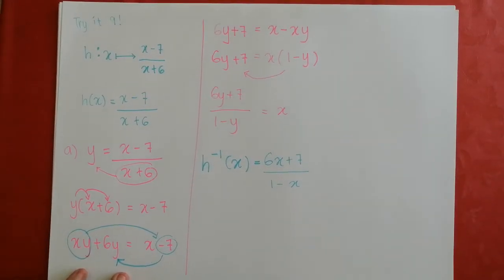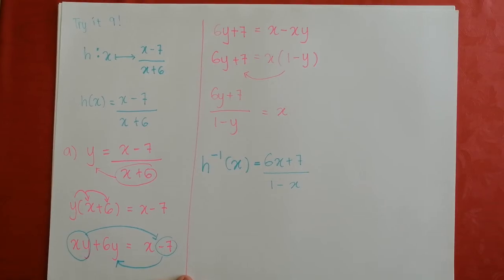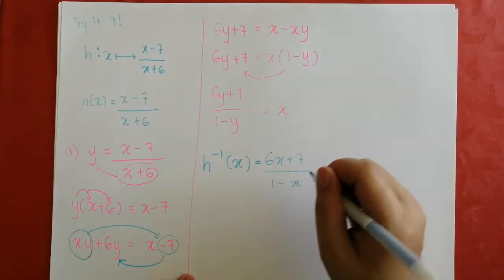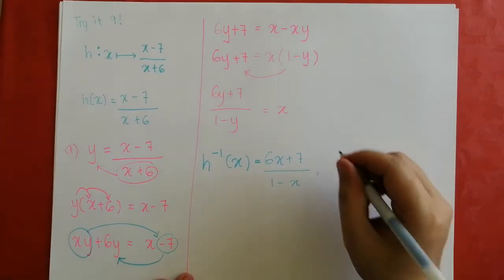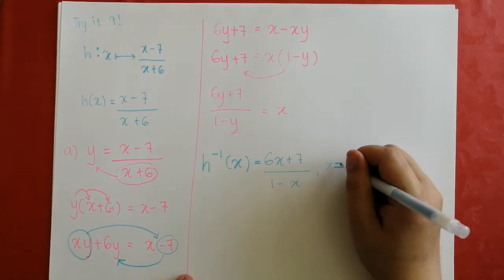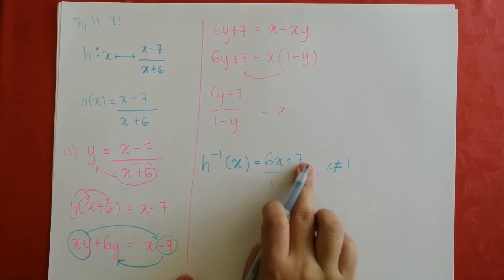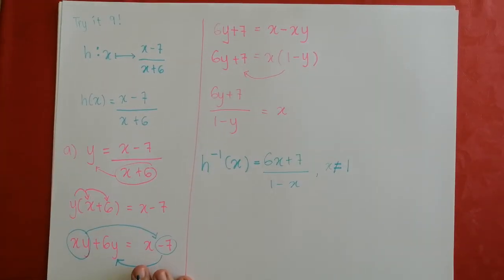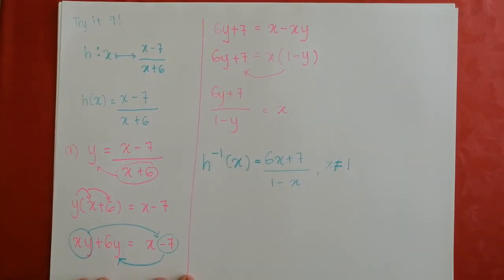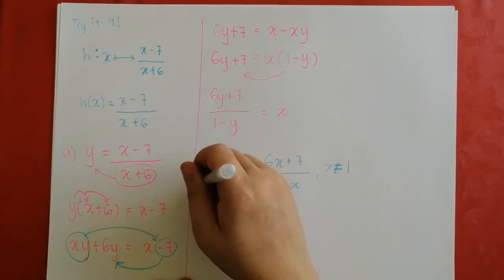That will be the inverse function, and then we will put a condition there. Because of 1 minus x, x cannot be 1. Because when x is 1, you have over 0, so this whole thing will be undefined. So we will put a condition there. So that will be for part A.